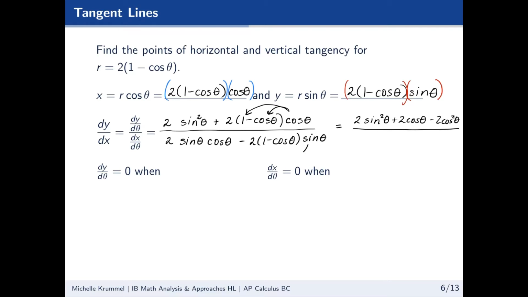On the bottom, I can distribute the sine theta and then also distribute the negative 2. So first term, 2 sine theta cosine theta. And then we'll have sine theta times negative 2. And plus 2 sine theta cosine theta.